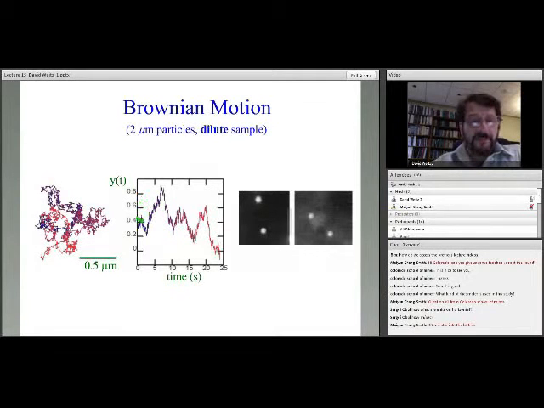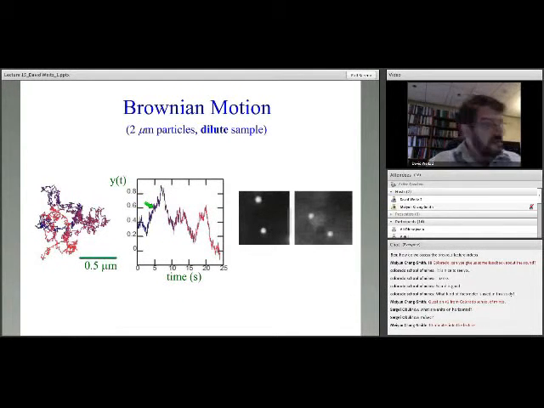These would be microns, but you can easily get resolutions to, say, 10 nanometers or that sort of uncertainty. And you can watch the motion of the particle, and this is really diffusive motion measured in real time for a particle in a relatively dilute suspension.